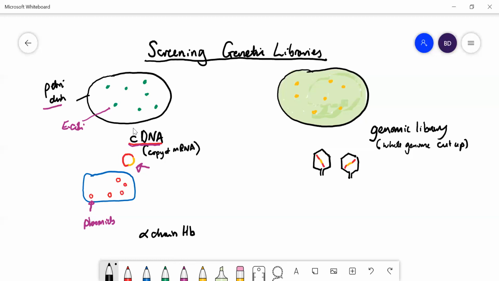Now here we have a genomic library. The genomic library is different. It's an entire human genome, or whatever animal we're looking at, chopped up into smallish fragments, maybe 20 kilobase pairs long, and those fragments have been incorporated not into plasmids, because they're a bit too big, but into bacteriophages.